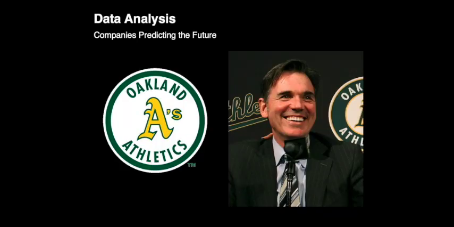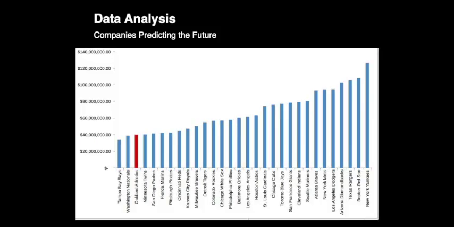So another great example is looking at baseball and baseball statistics, and especially when it comes to putting together teams. So the Oakland A's hired this guy, Billy Beane, as their GM in 2002, and he used statistics and data analysis to build a team, looking at all the traditional baseball statistics like on-base percentage, RBIs, hits, steals, etc. And he was able to use that data to put together a team that was actually very inexpensive.